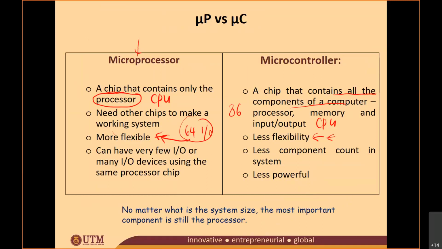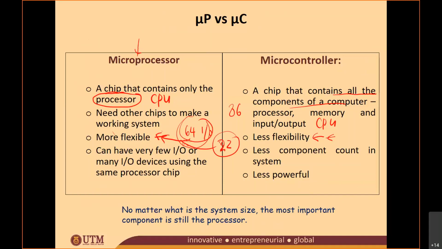So what happens here? You already have 64, so you need to add another 22 GPIO. So you just buy the 22 input output peripheral chips and integrate them with your microprocessor.